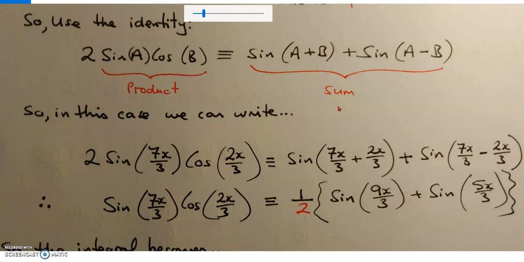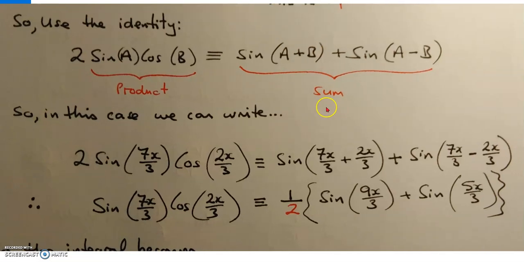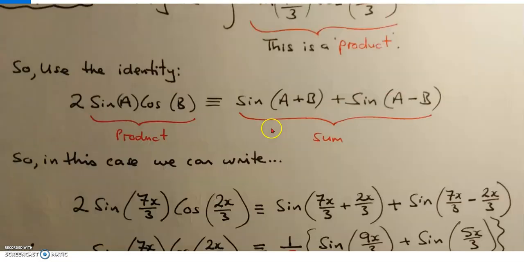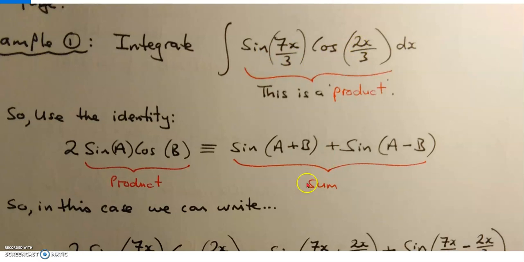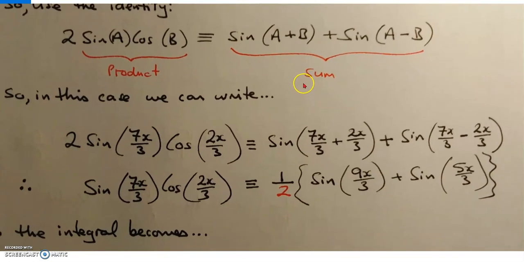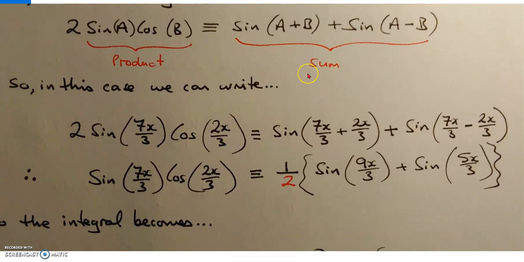Okay, so how does it go? Well, you're being asked to integrate this thing here. You're going to use this identity here, and I'm going to be doing the sine of the sum of those two angles plus the sine of the difference of those two angles. So it's very similar to the last one, but the only difficulty in this case is that we've got fractions involved and they look a bit nasty.